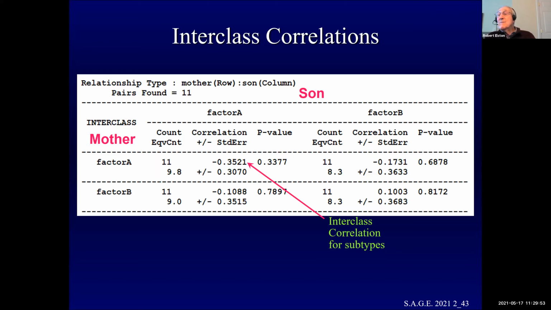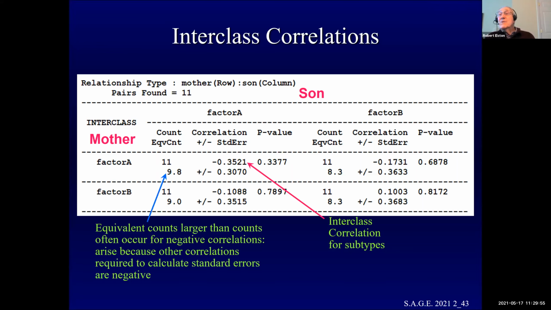It's negative. And then what you notice is that the equivalent counts is larger than the counts that we actually had. And that often occurs for negative correlations. It arises because other correlations required to calculate the standard errors are negative. This often happens.